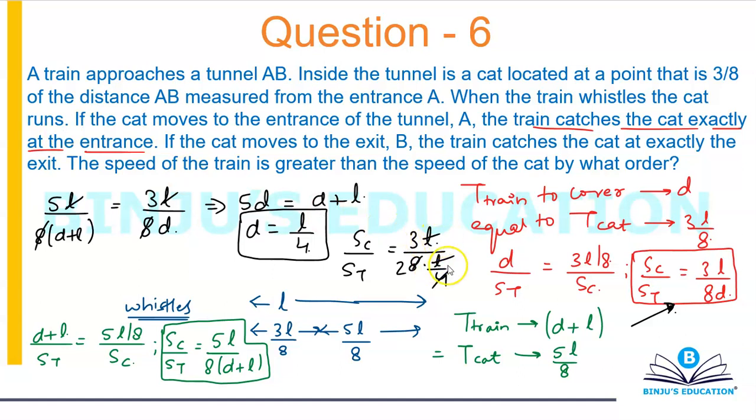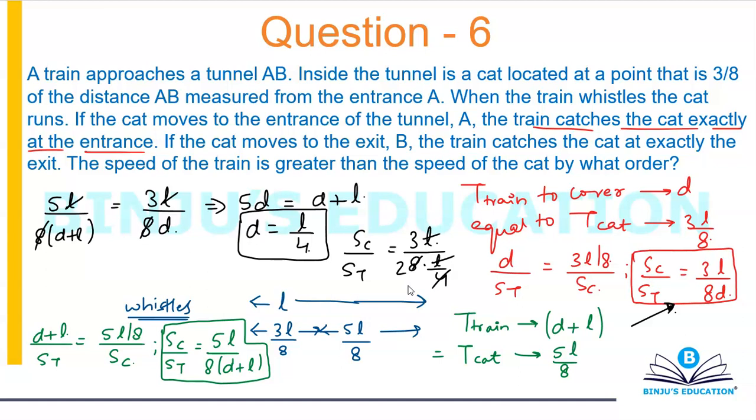And these two L's are also going to get cancelled. So the speed of the car to that of the train will be equal to 3:2. I just hope I haven't made any calculation mistakes.